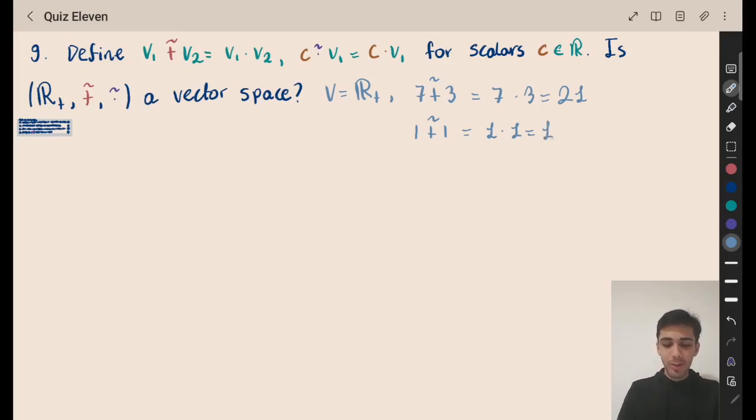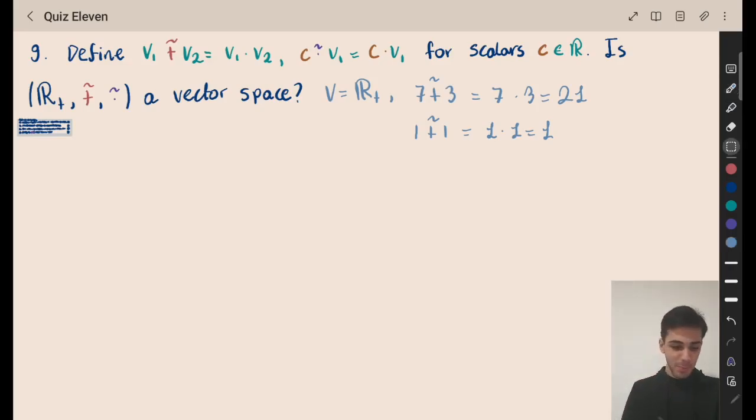When they ask what's 1 plus 1, you should always ask them in what vector space. Because if it's the vector space of positive reals, where this very specific addition operation is defined, then the answer is 1. And the answer can actually be anything. You just have to set the right framework.